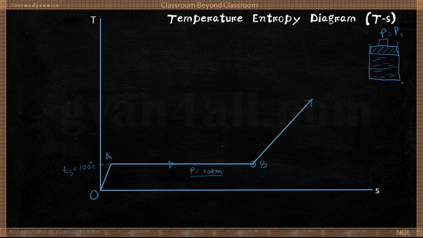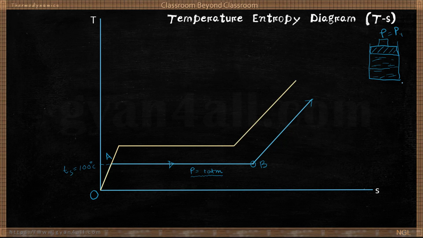First the temperature will increase like OA, and at a point it will reach a temperature at which the temperature will not increase. That is the saturation temperature. I will draw the line now, so look at the screen carefully.